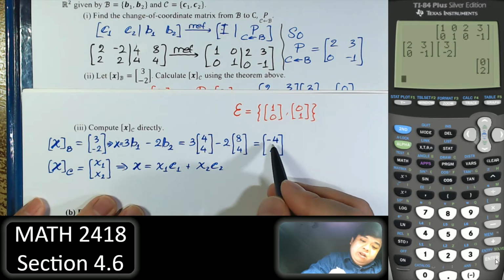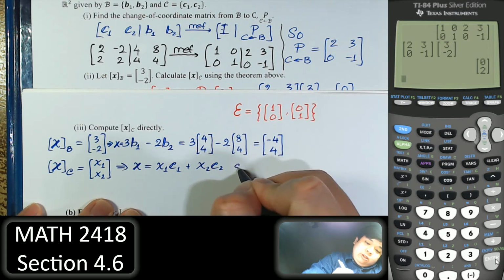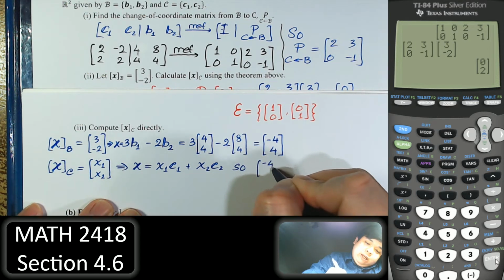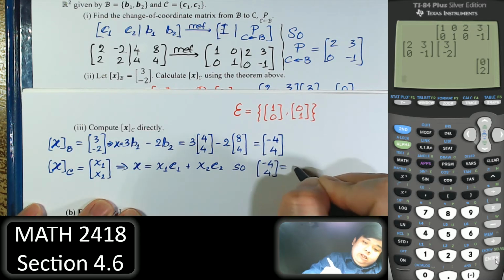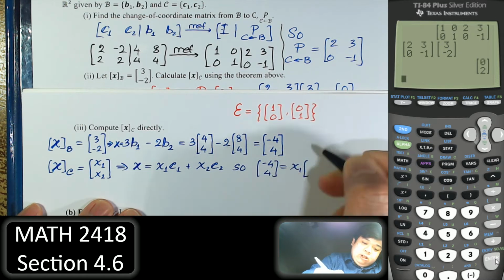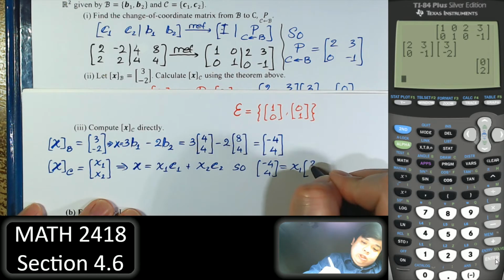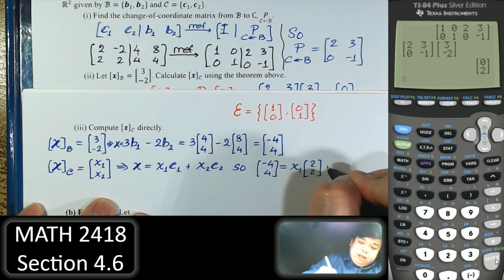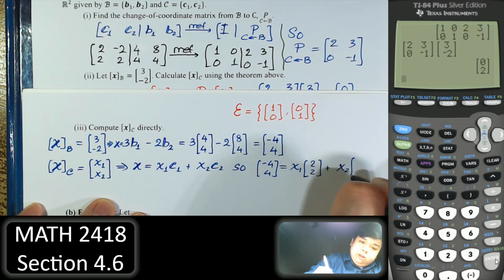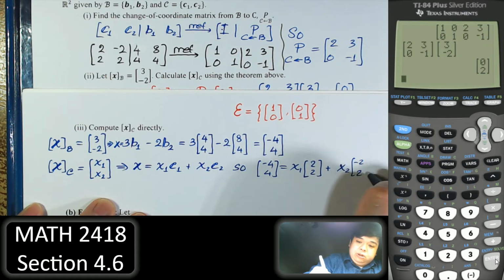We know x is negative 4 and 4, and we do know C1 is 2 and 2, and C2 is negative 2 and 2.